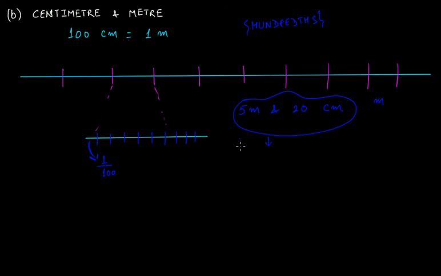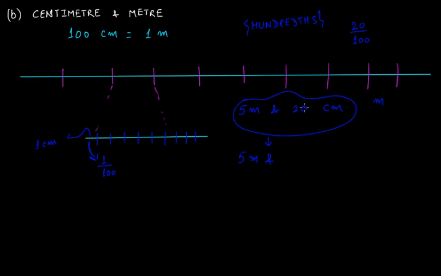If this is 5 meter and 20 centimeter, what does it mean? If all these equal portions have been divided into 10 equal parts, so the entire total parts will be how much? 100. So 20 means what? 20 upon 100, right? Because each portion is representing 1 centimeter, and that's hundredths, right?